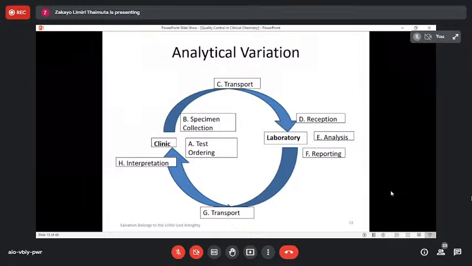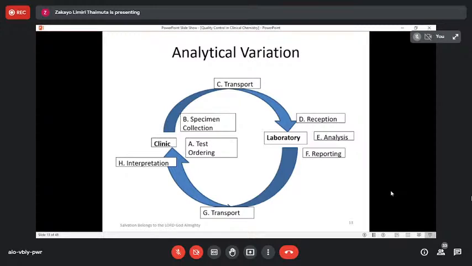Transcription errors occur when you read a result somewhere, then you write a different value. Even in this lecture, I'm sure there are people who are hearing one thing and recording a different thing. That's transcription error.